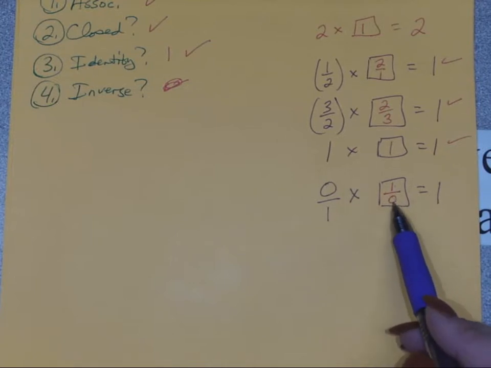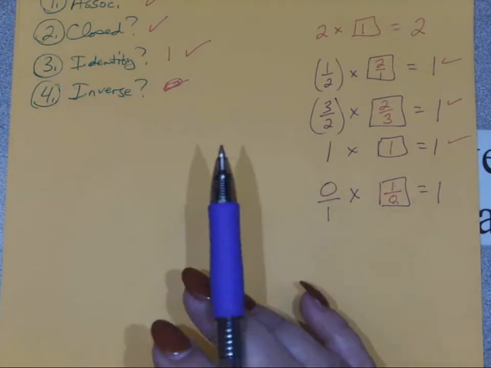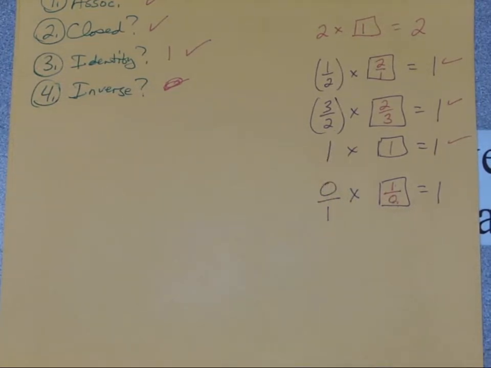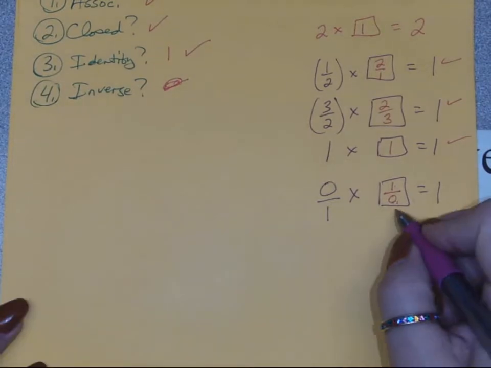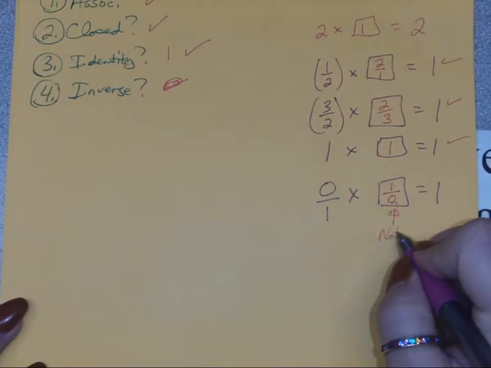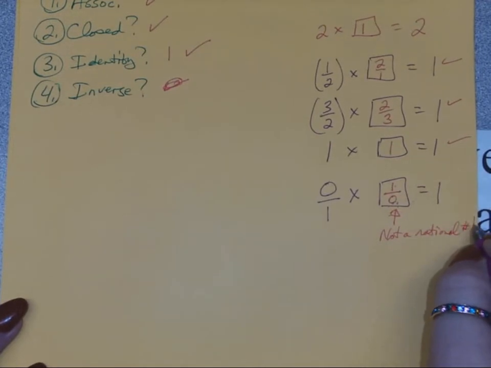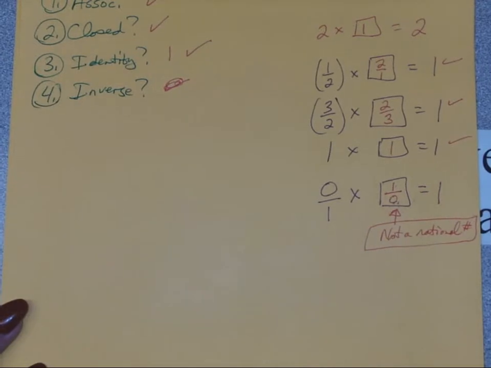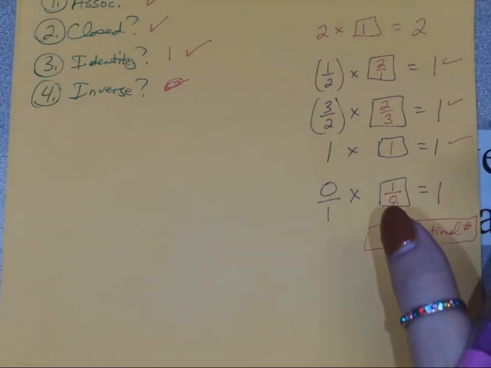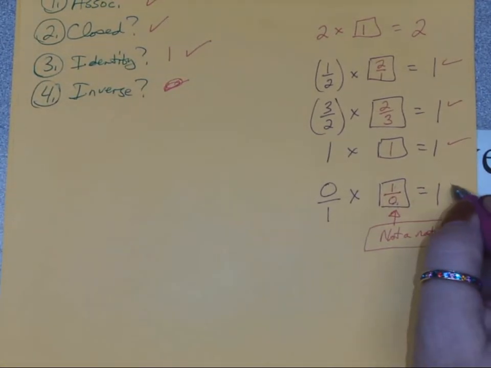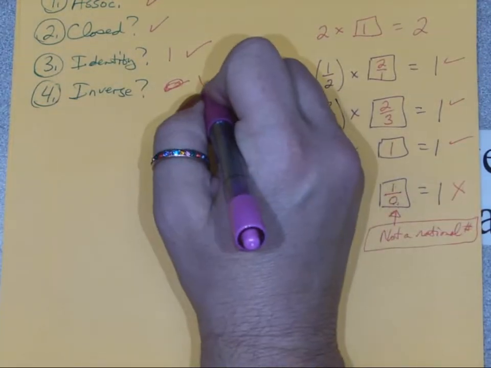That's a problem. This is not an element of my rational numbers, right? Not a rational number. We don't even know what the heck 1 over 0 is. It's undefined. So that guy, even though all these rest of these worked, that guy, the 0 guy, is a problem.